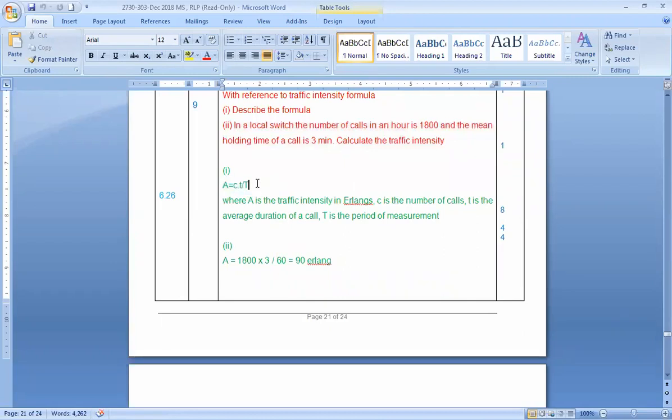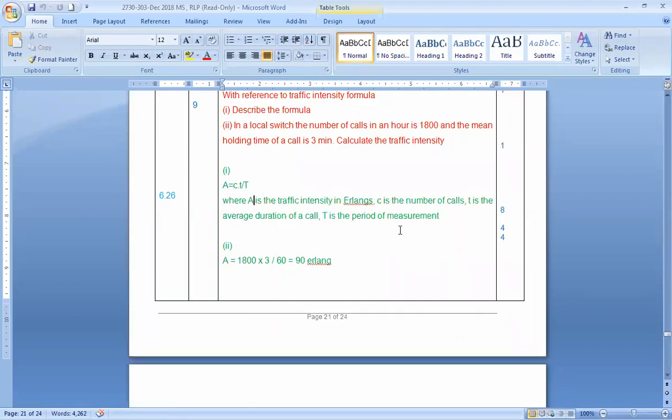This is the formula for calculating the traffic intensity: A = C × T / T. A is the traffic intensity in Erlangs, C is the number of calls, small t is the average duration, and capital T is the period of measurement.